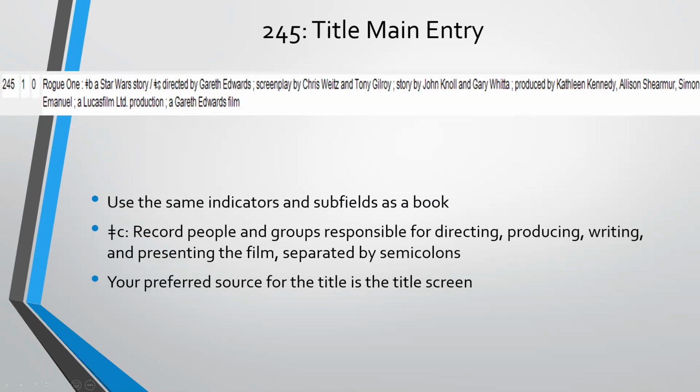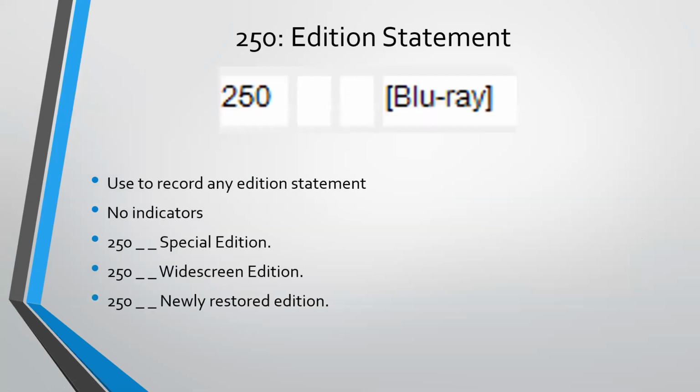And you're going to have in your statement of responsibility, at the very least, people responsible for directing, producing, writing, and presenting the film. So here you've got directed by Gareth Edwards, screenplay by Chris Weitz and Tony Gilroy, story by these guys, produced by Kathleen Kennedy and these other people, etc.